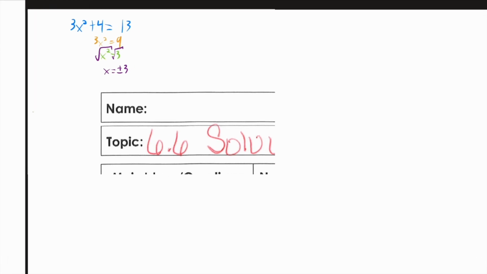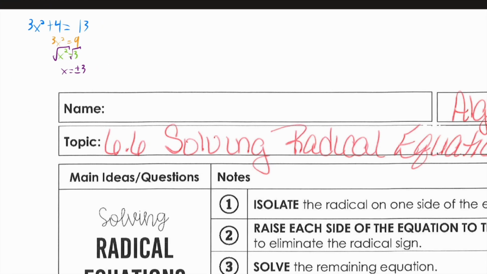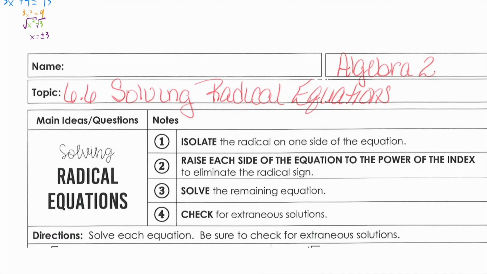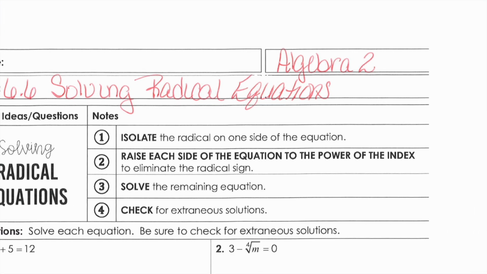So we'll have a lot of the same steps here. So step 1 here is to isolate the radical or the root on one side of the equation, and sometimes we'll see it written as an exponent or a power instead, because you may remember that we can rewrite roots as powers.